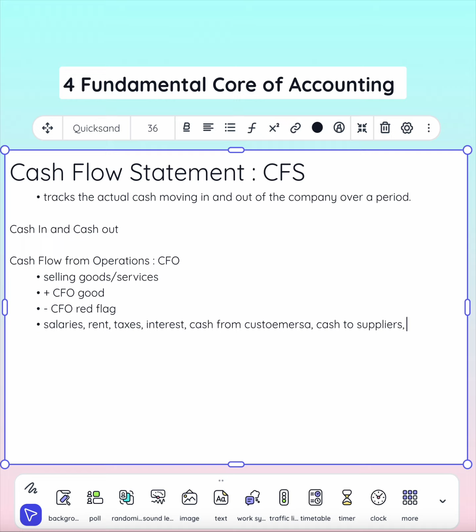And you can calculate it from the direct or indirect method. Okay, so these are the key terms.